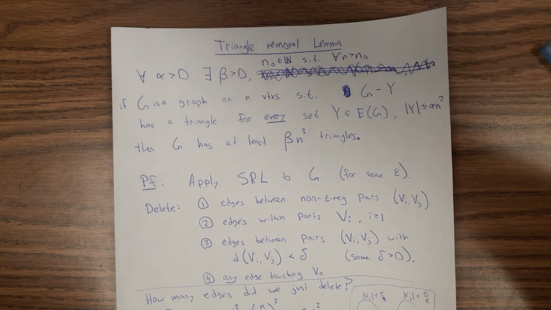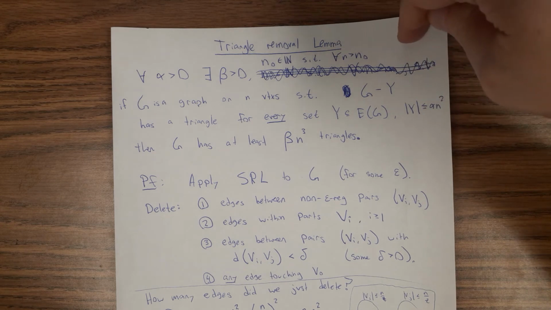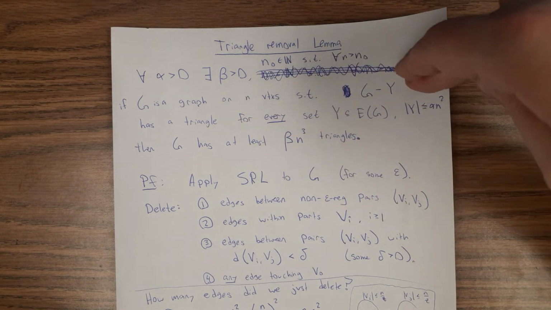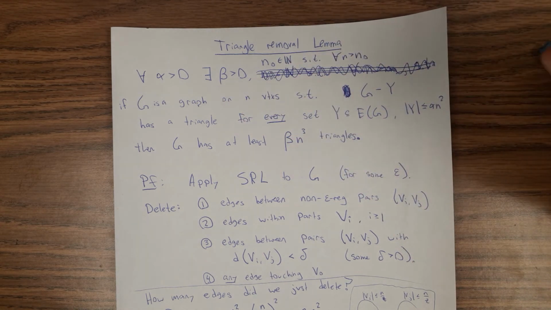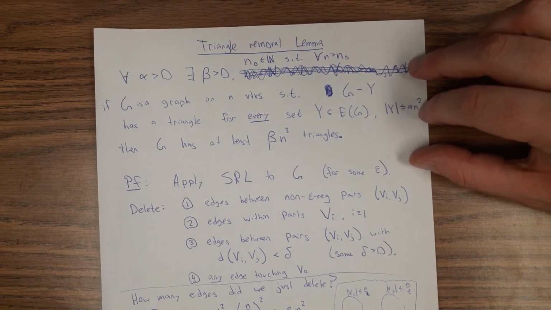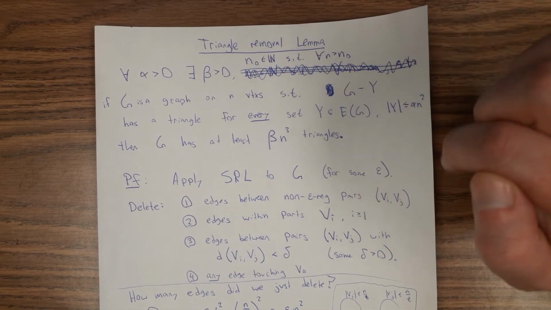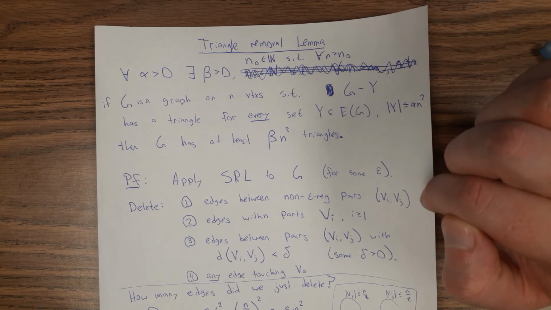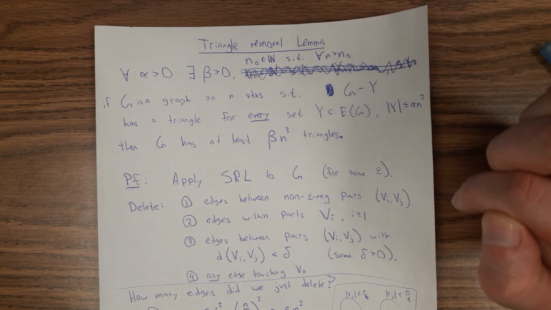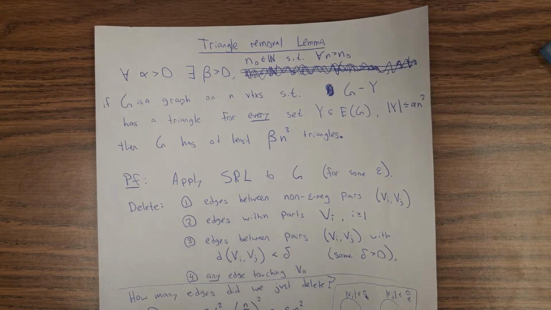This says for all positive alpha, there exists a positive beta such that for n sufficiently large, any graph such that removing less than alpha n squared edges always leaves a triangle, such graphs must have at least beta n cubed triangles.